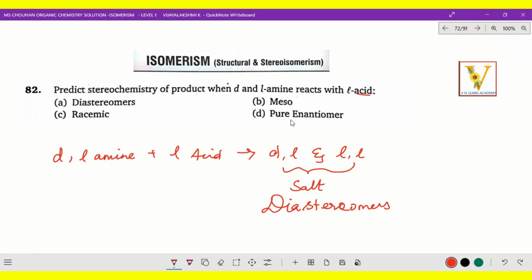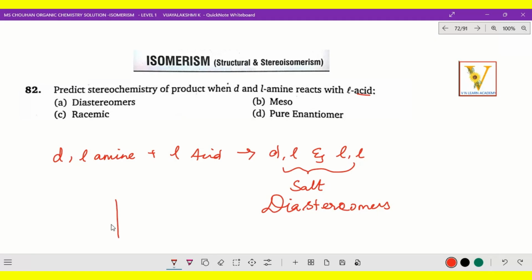And even pure enantiomers need minimum two chiral carbons and are optically active. Racemic mixture is optically inactive, whereas pure enantiomers are optically active. Meso is identical, for that we have to identify two chiral carbons. But diastereomers can be made with one chiral carbon or no chiral carbon also.